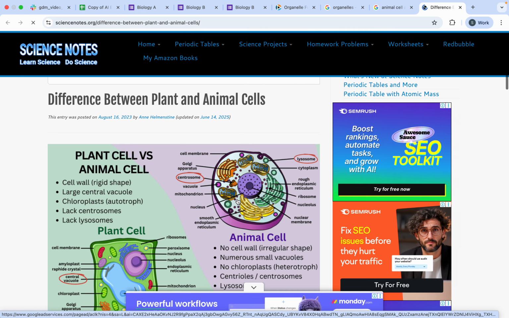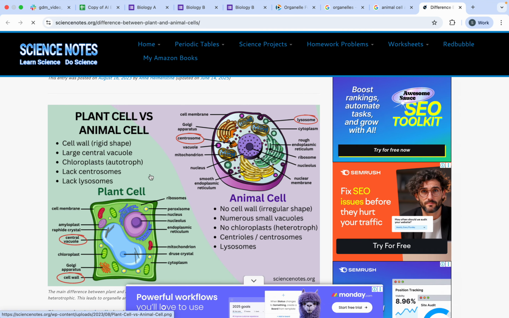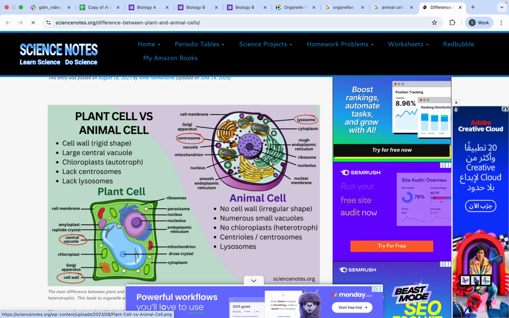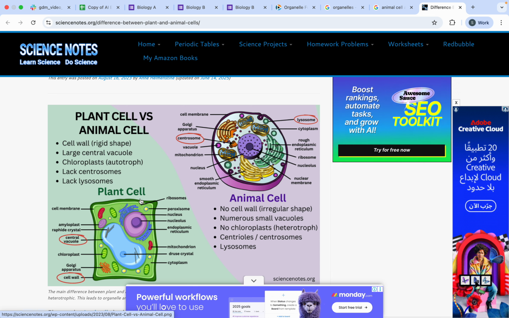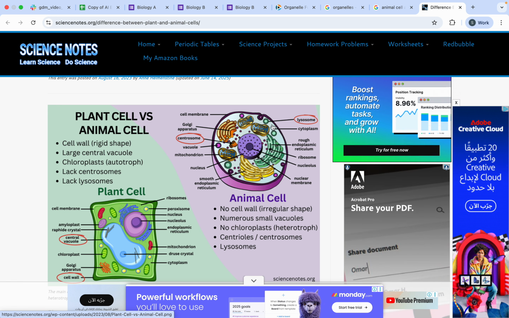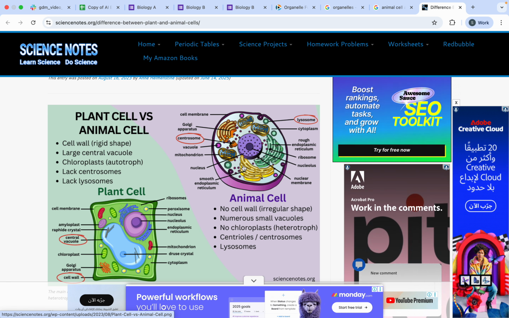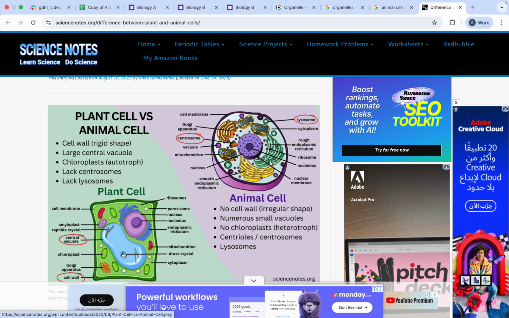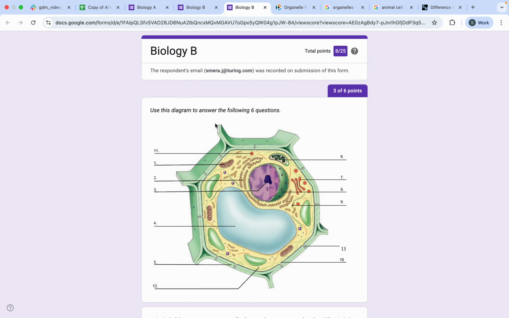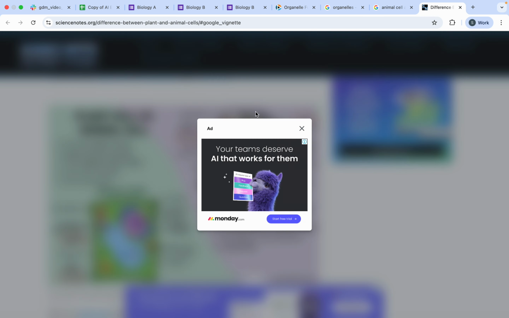So yes, this image well shows the difference between plant cell and animal cell. This is the plant cell. Plant cell has a cell wall which is rigid in shape, whereas animal cell has no cell wall, so that it is irregular in shape. Here in the plant cell we can see a large central vacuole. So in this image also here we can see a central vacuole.